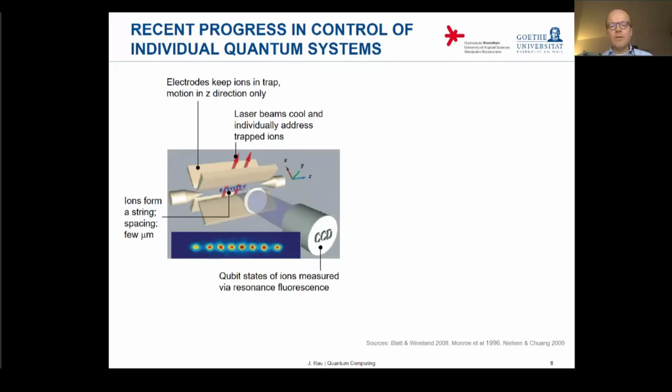And this allows you to implement operations, the kind of operations that you also need in a quantum computer. So the kind of transformations that you need in a quantum computing algorithm. And then at the end of such a sequence, you have to read out the final state of your ions, of your quantum systems. And this is done by means of resonance fluorescence.